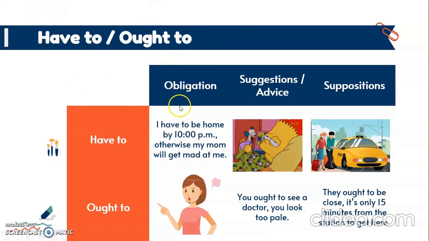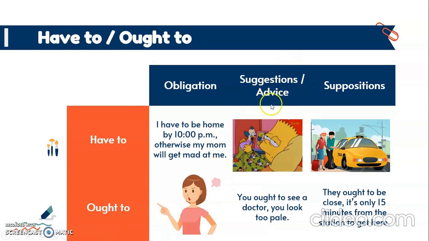In have to, we have to take into account that have has to be conjugated in all the subjects. For example, I have to be home by 10 p.m. But if we were talking about she, we would say she has to be home by 10 p.m. So with have, we have to conjugate correctly the verb have.